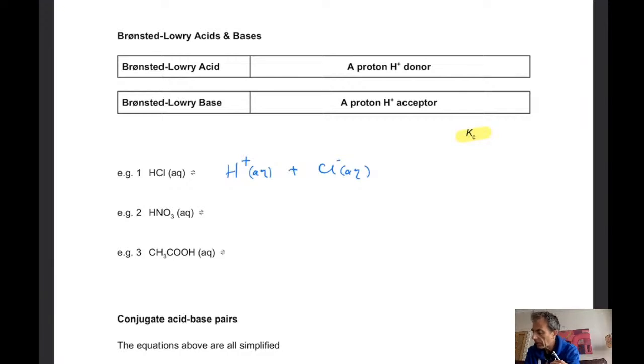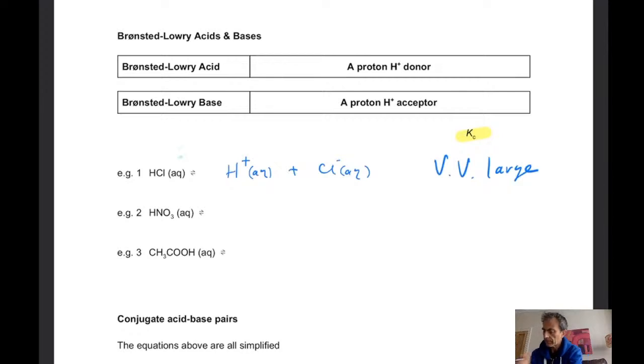Remember, that's a measure of the extent of the equilibrium position. Because this acid is very highly dissociated, Kc for this acid is very, very large. I'm not going to quantify it, I'm just going to say that it's very large. So this equilibrium is very much that way.